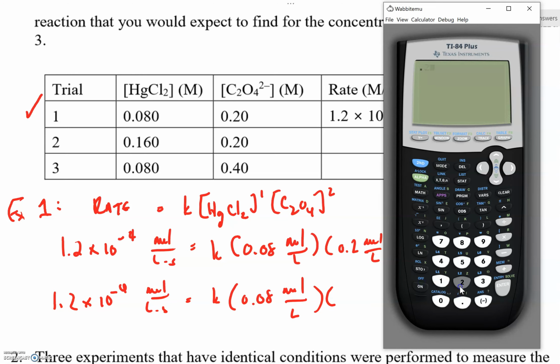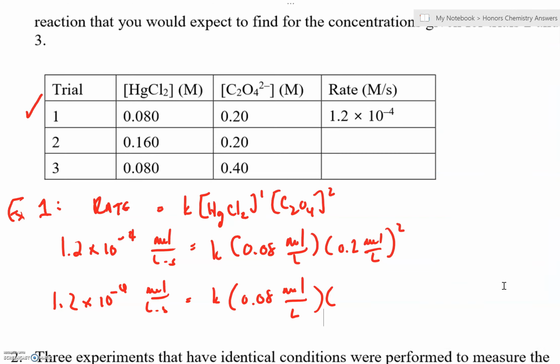We're going to say 0.2 squared is going to be 0.04, but we're just doing this just to be safe, okay? So we have 0.04 moles squared over liters squared. All right? What we're going to do is take 0.08 and multiply it by 0.04 so we can get this on one side.